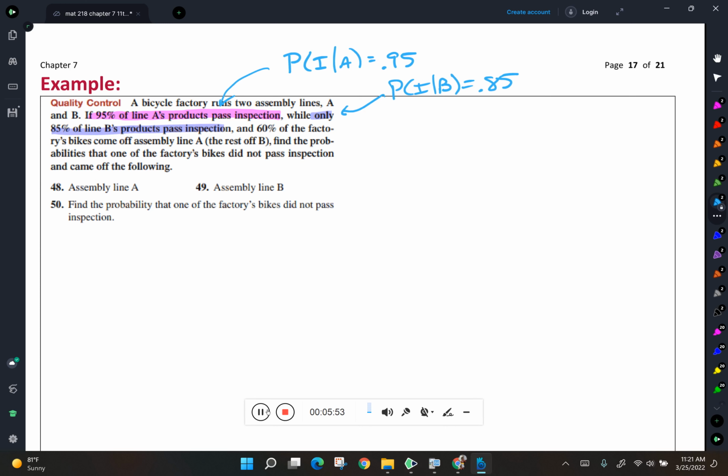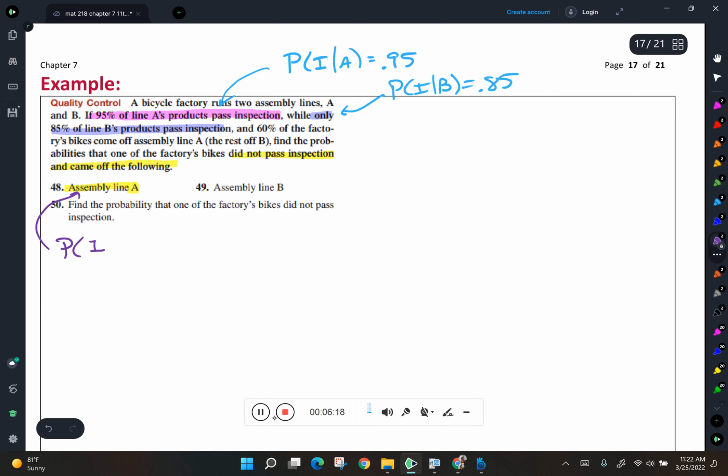All right, so let's keep working here. They want us to find the probability that the bike did not pass inspection and came from the following assembly line A. So what they want us to find is that it came off of A and did not pass. So this is not a conditional.